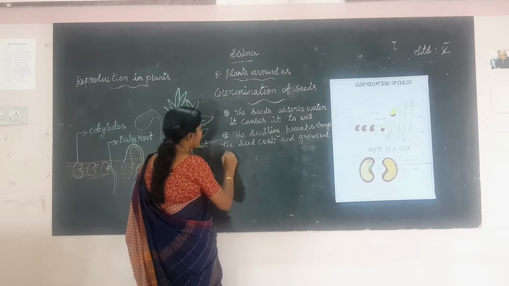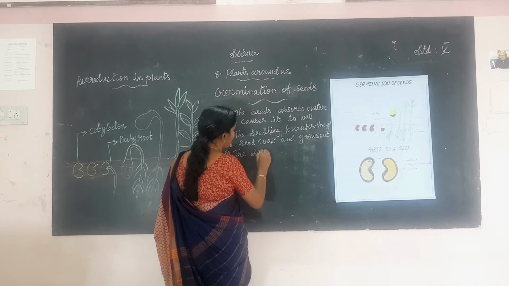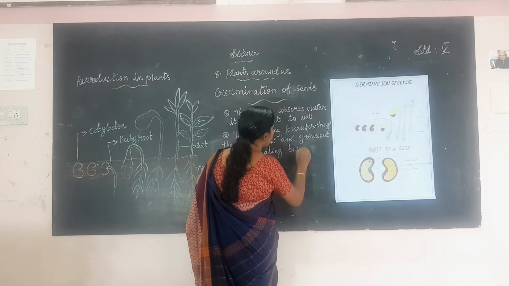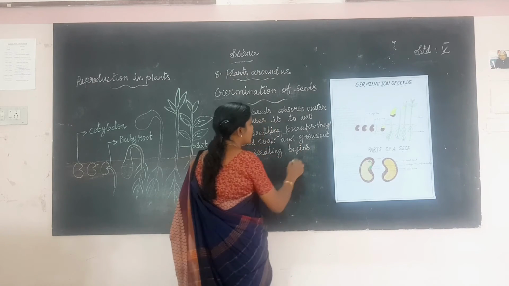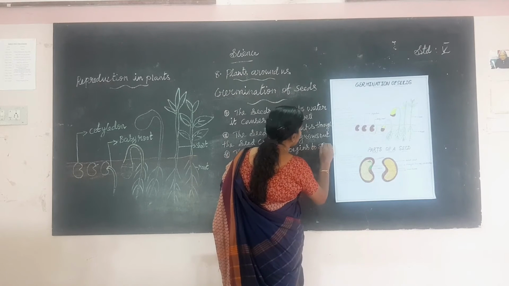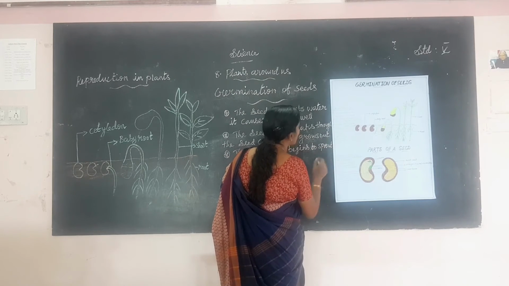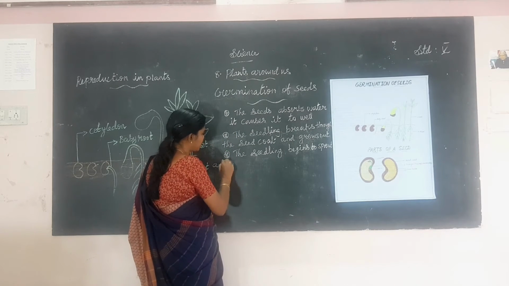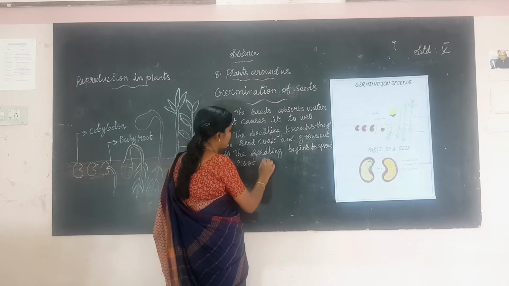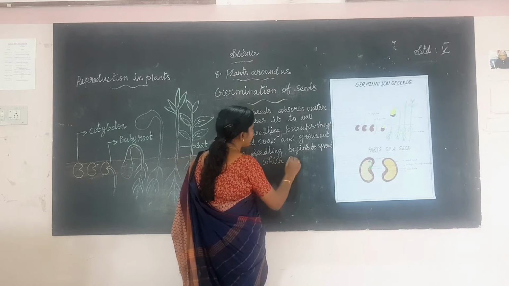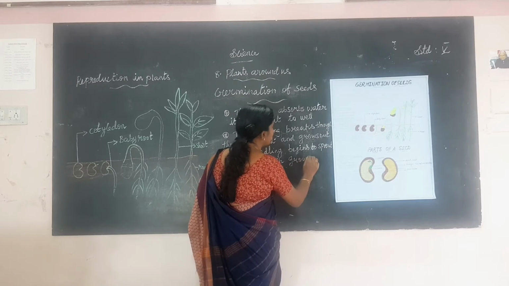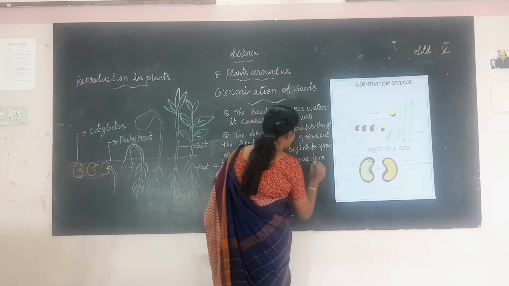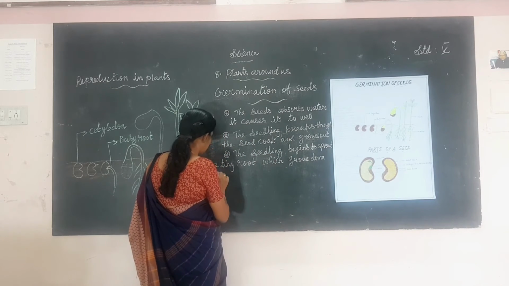The seedling begins to sprout a tiny root which grows downwards in the soil.